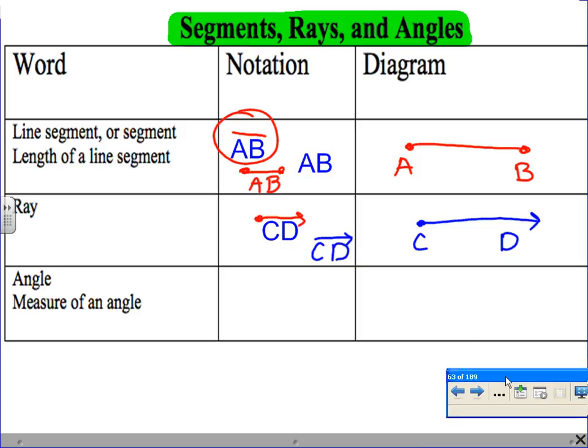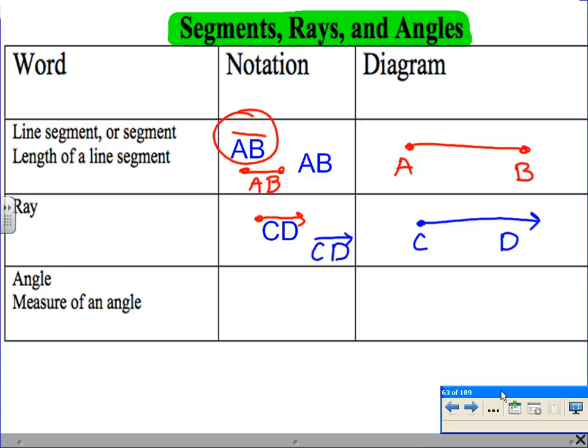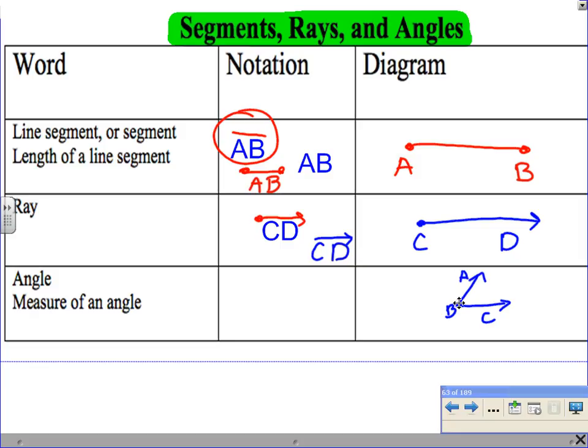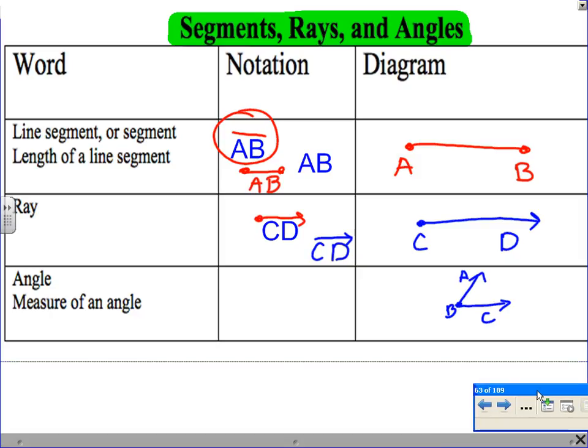I'm going to draw the picture first. So here's what an angle looks like. Acute, obtuse, straight, right. We're going to talk about that tomorrow. So A, B, C. Here's our angle. This is the vertex.